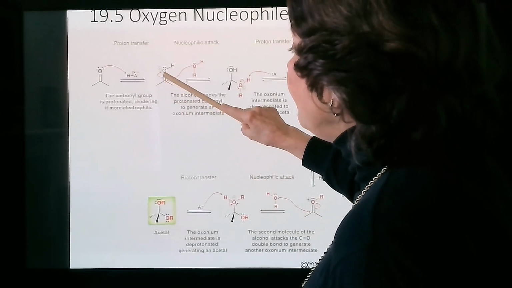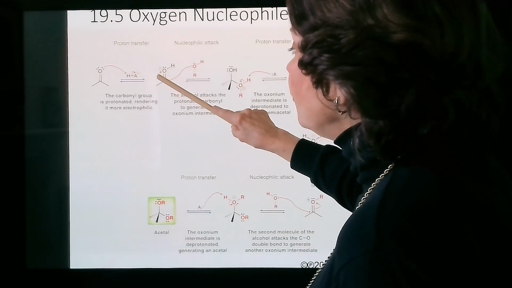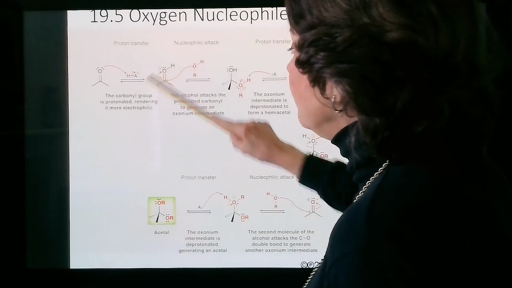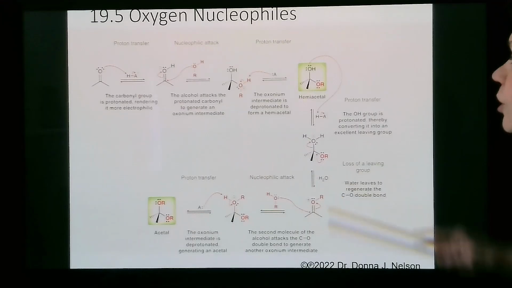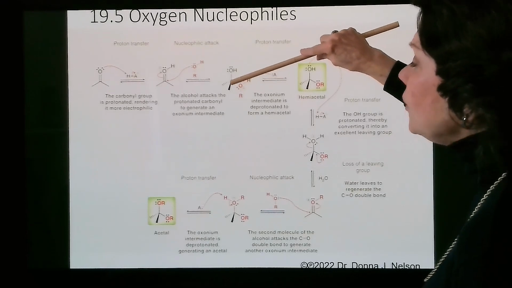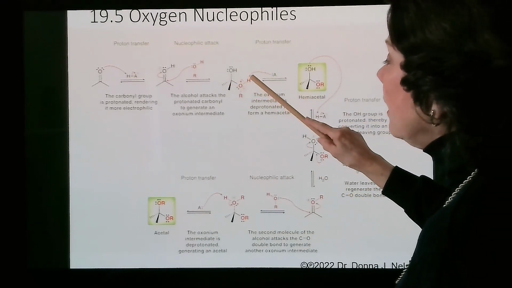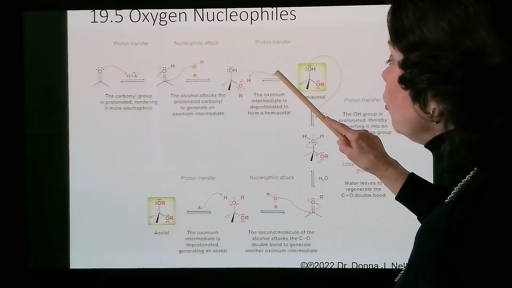And then that helps the pi bond break. The pair of electrons moves out, satisfying the positive charge on oxygen, and you have formed this new carbon-oxygen single bond. The oxygen is bearing a proton and a positive charge.